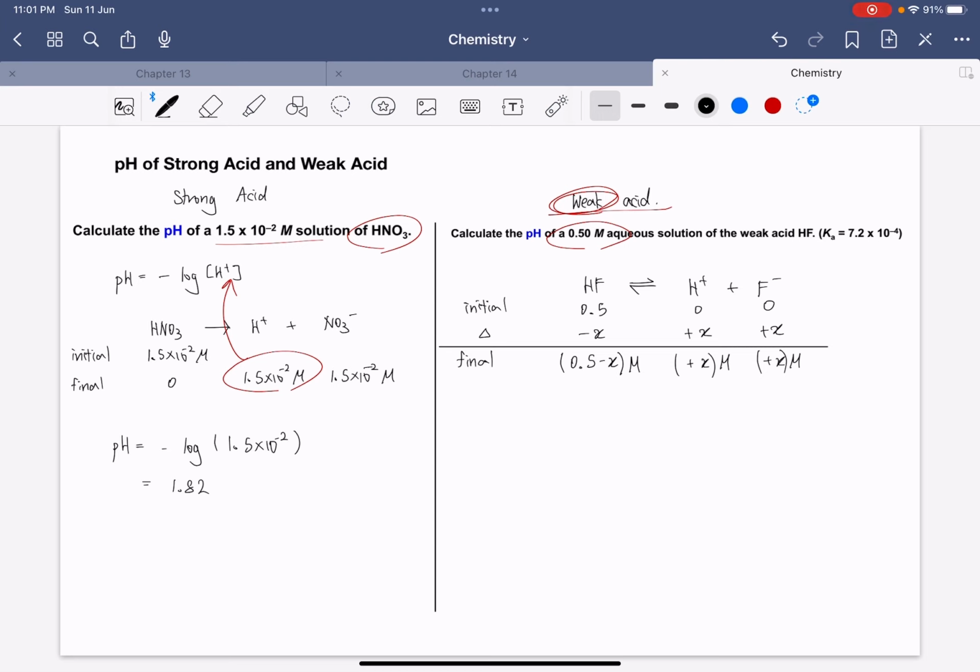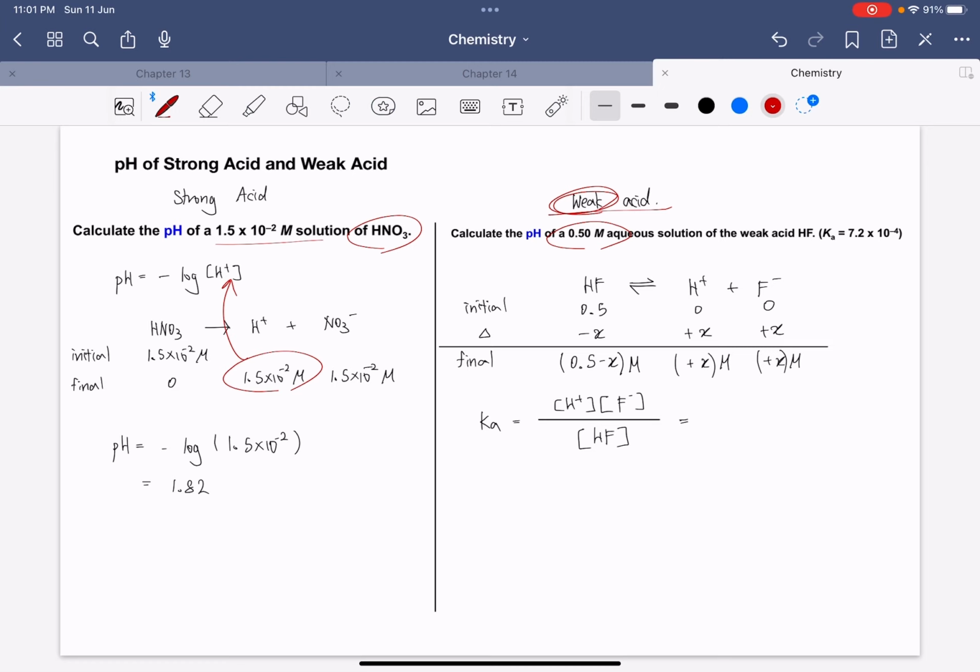The next step will be using the Ka value. The equation of Ka is H plus times F minus over HF. So we just plug that in.